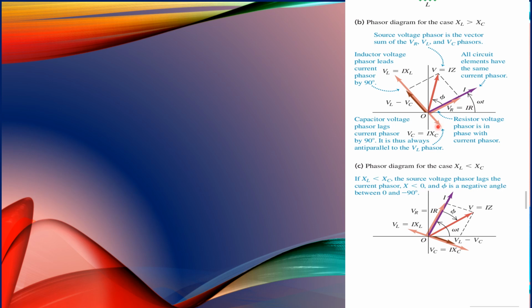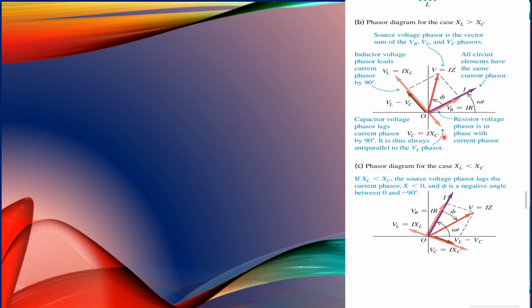Also, we have the capacitor voltage phasor in the fourth quadrant, represented here by this shorter arrow colored orange, which is along the same line as the inductor voltage phasor, but they are always in opposite directions. And it will be explained later that the capacitor voltage phasor lags the current phasor by 90 degrees.